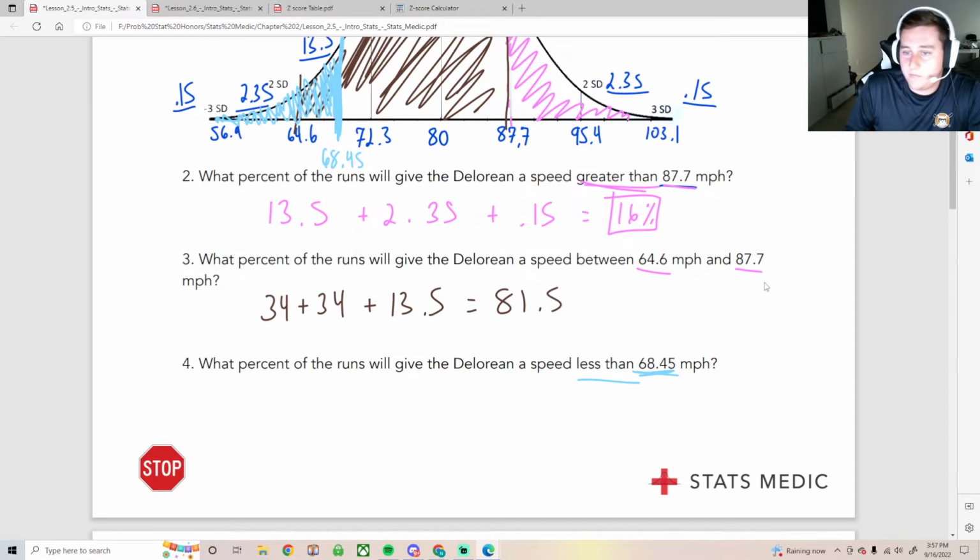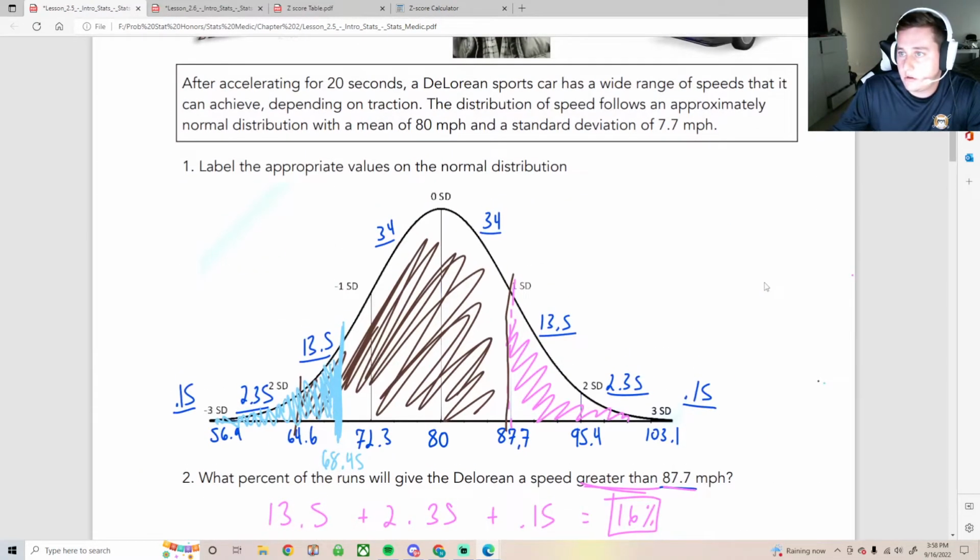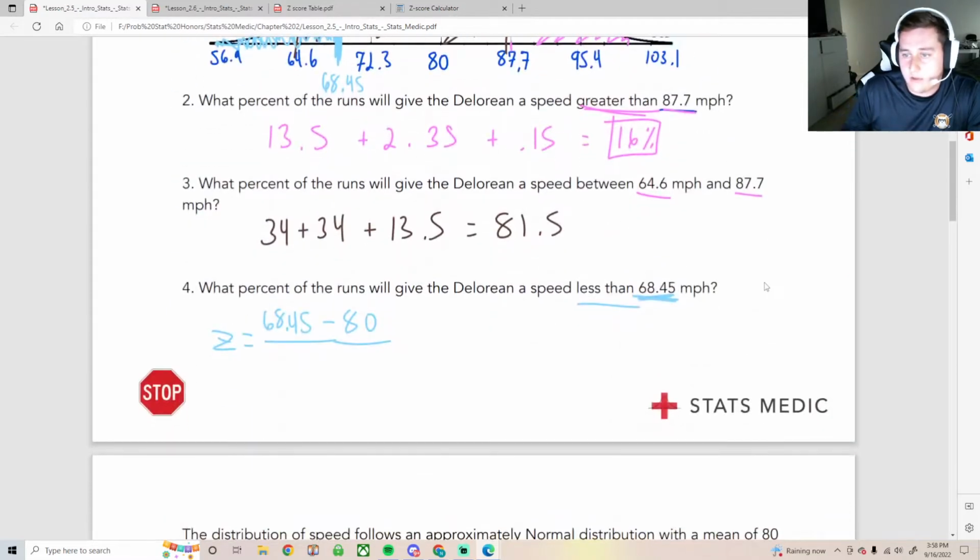We have the formula that we can fall back on, and this method I'm about to show you will work for any of these. We're going to take the speed, this 68.45, and create a standardized score for it, where the mean is 80, and the standard deviation was 7.7.